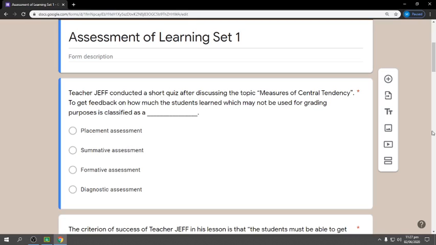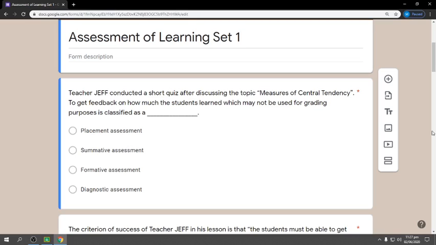So we're eliminating now. The second one, summative. So when do we usually do the summative, right? We do a summative assessment usually at the end of, let's say, a quarter, a grading, a semester, right?